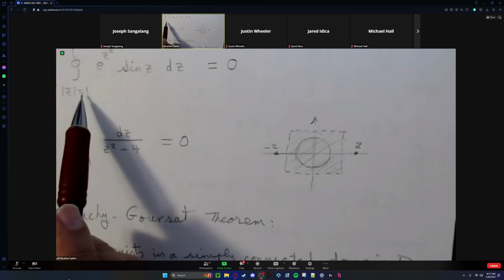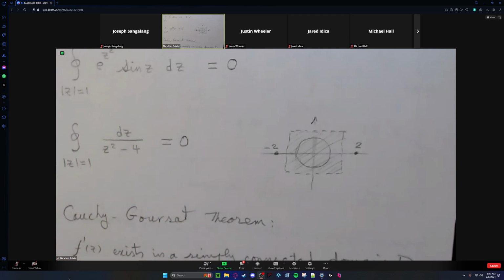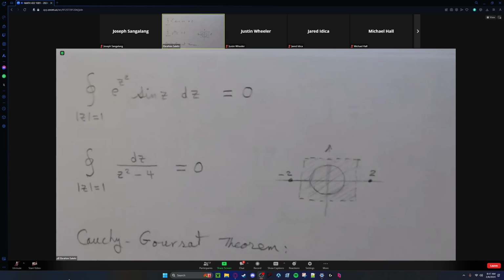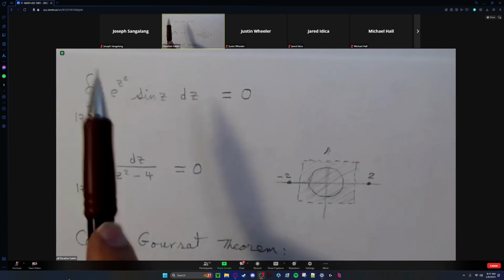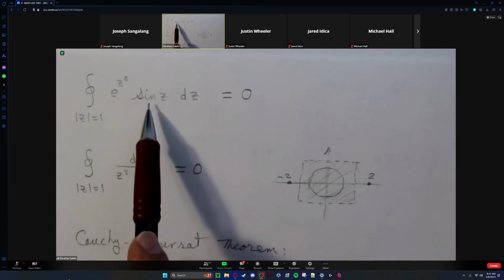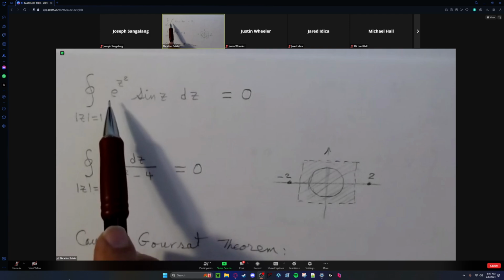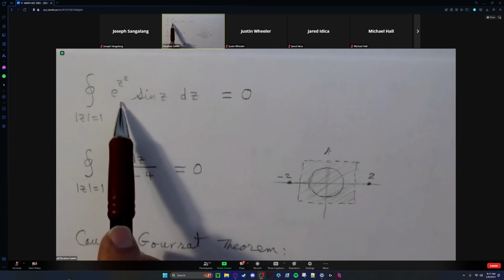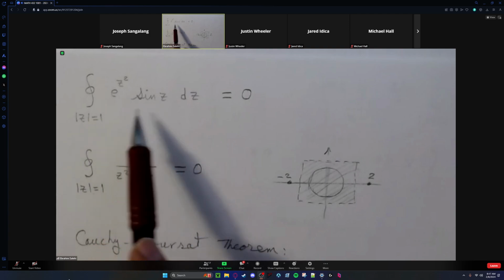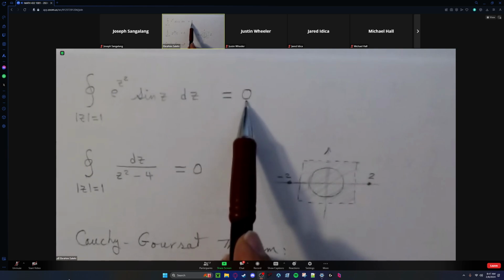It could be any closed curve. But the fact is, the function is a beautiful function. It's analytic, its derivative is continuous, everything is there. So the integral is 0.